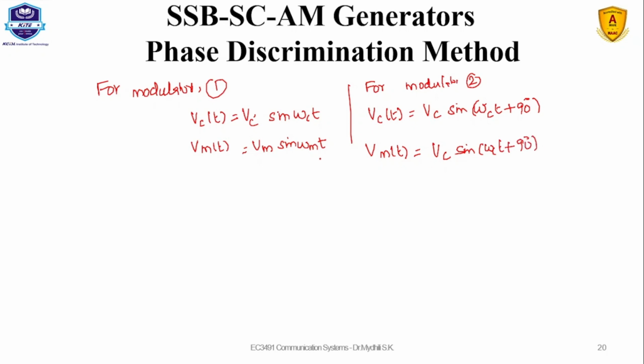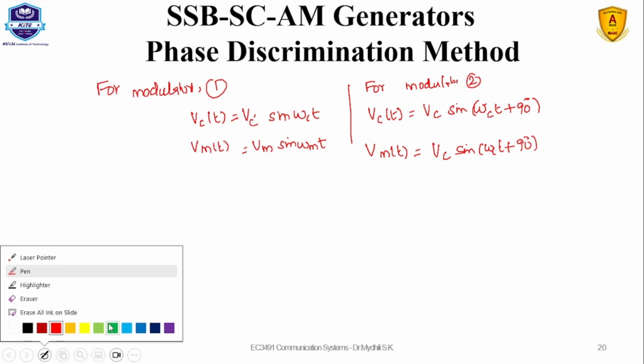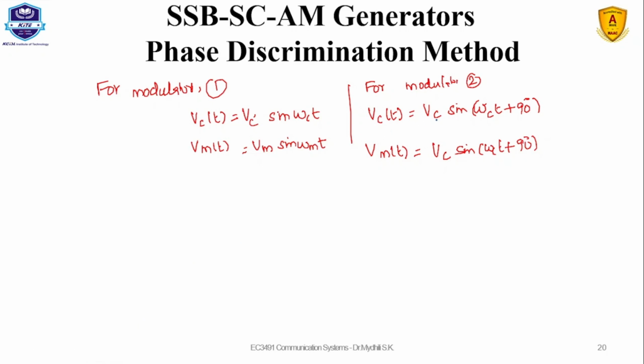So by trigonometric solution this equation can also be written as: sin omega ct plus 90 degree phase shift is nothing but, in terms of cos, cos omega ct. What about the message?